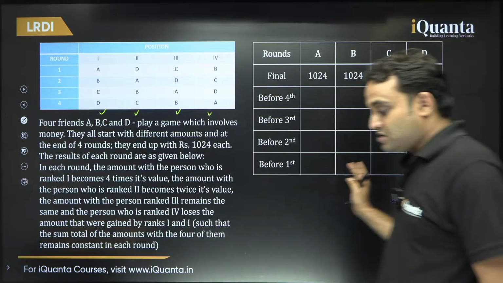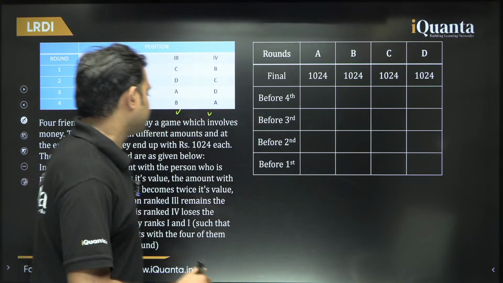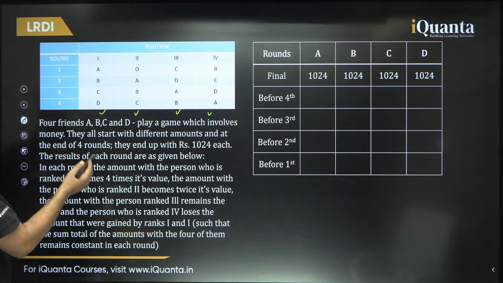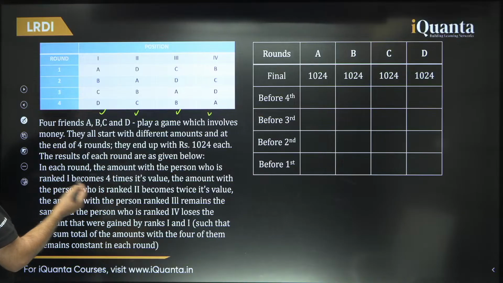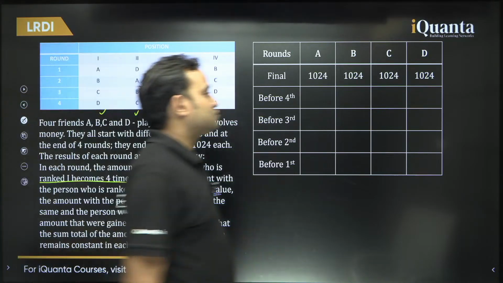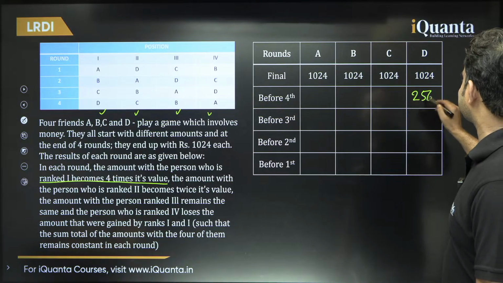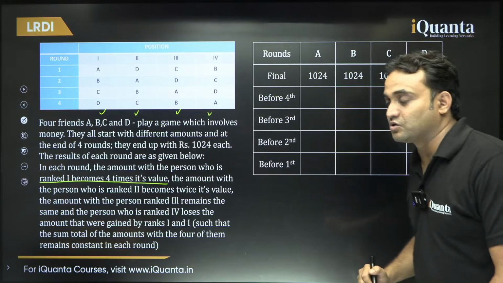So if D was rank 1, the amount with D must have been, see again, it says if your rank is 1, the person with rank 1 becomes 4 times its value. So D was rank 1, so the money must have been 256, 4 times that is 1024.